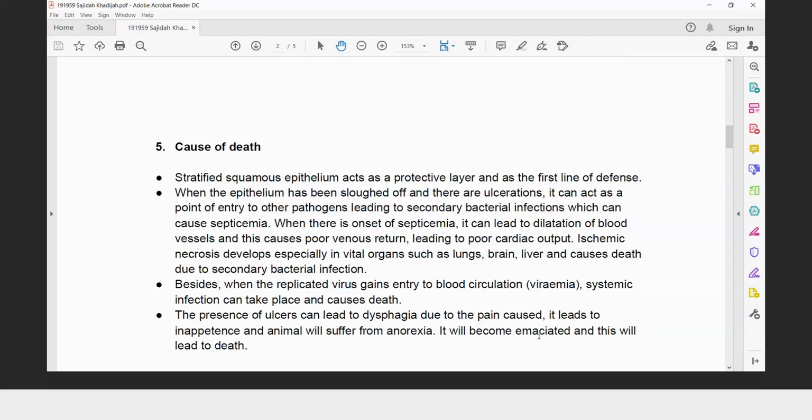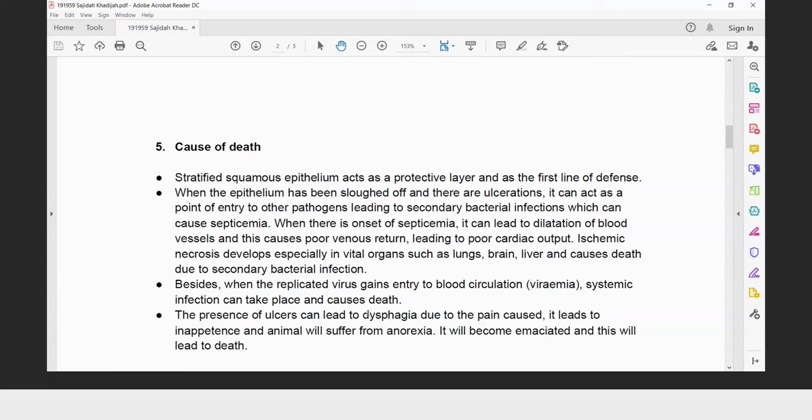Okay. So what we need to do, because again, the concept of death is failure of vital organ. The failure of vital organ. So when you talk about failure of vital organ, you have to think, if the animal is emaciated and anorexic, what type of vital organ will be affected?